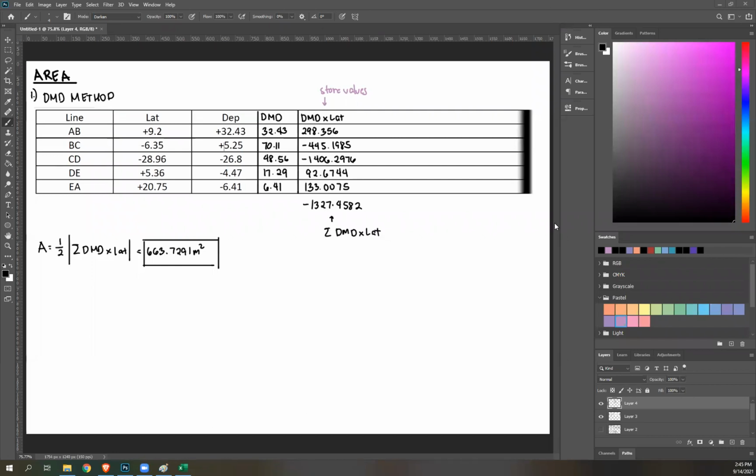Yes, same process. But instead of using departure, you would be using latitude, and then this would be DPD times departure. Okay? Thank you po.